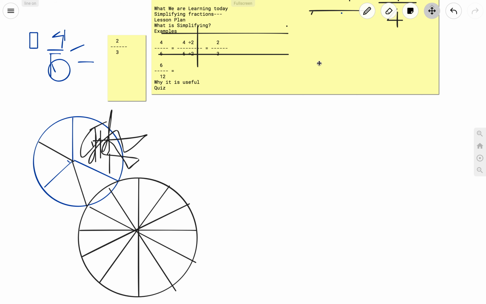So there's 6/12. There's 12 pieces in the pizza. 6 remain, which means the other 6 must have been eaten already. Do you see where I'm coming from?